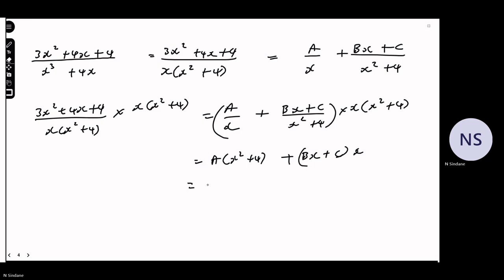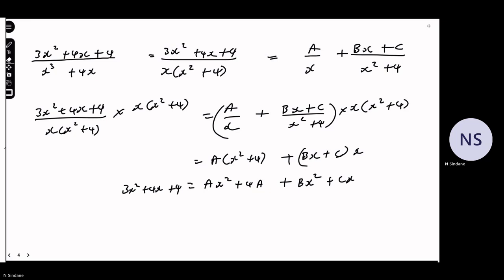Expanding, I'm going to have ax squared plus 4a plus bx squared plus cx. That is what I have on this side, and on this side I have my 3x squared plus 4x plus 4.